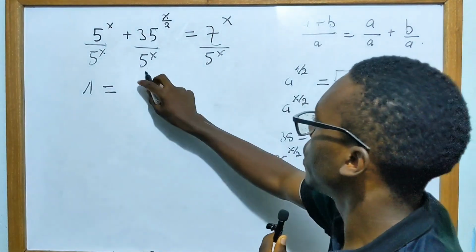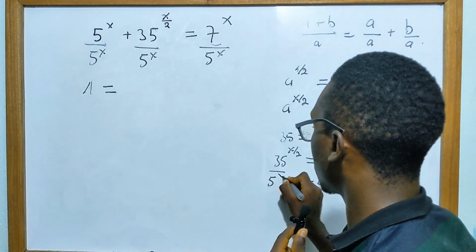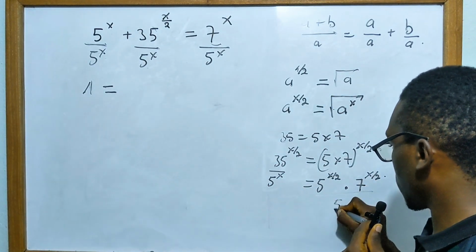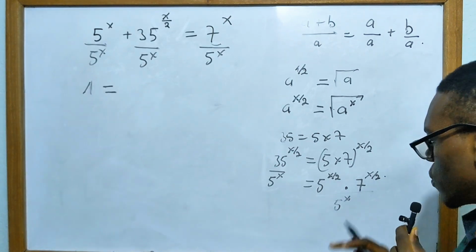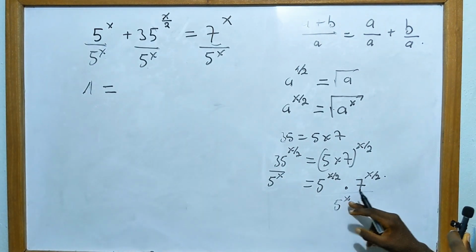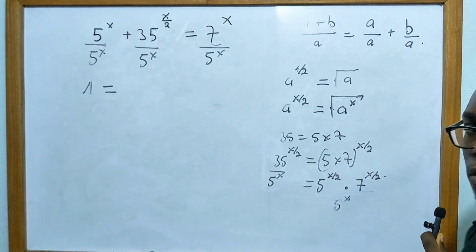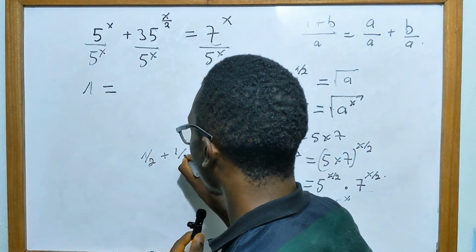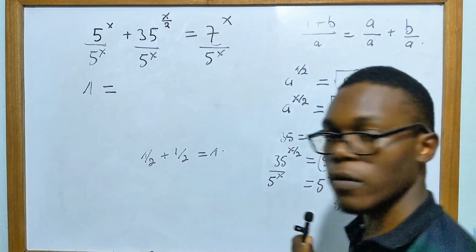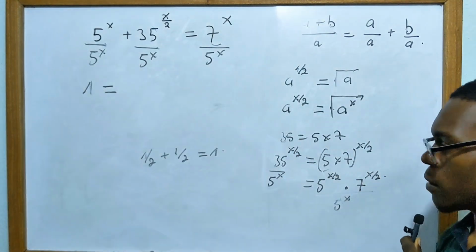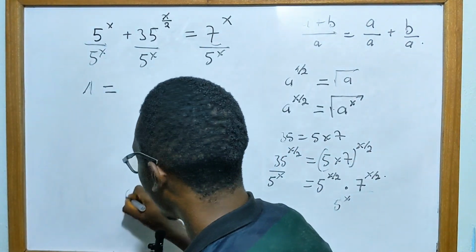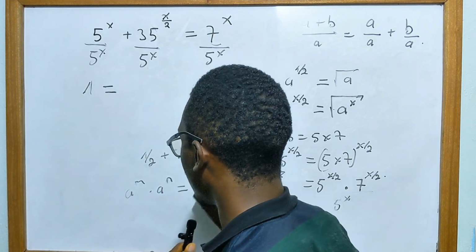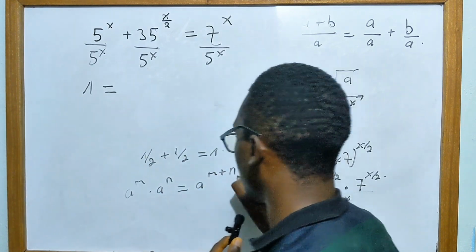But if you check here, we have all over 5 to the power x. Hence you have all over 5 to the power x here. But what we have to do now is find a way to have x all over 2 here, so that we can cancel out. How can we do that? We know that half plus half is equal to 1. Also, a to the power m times a to the power n is equal to a to the power m plus n.